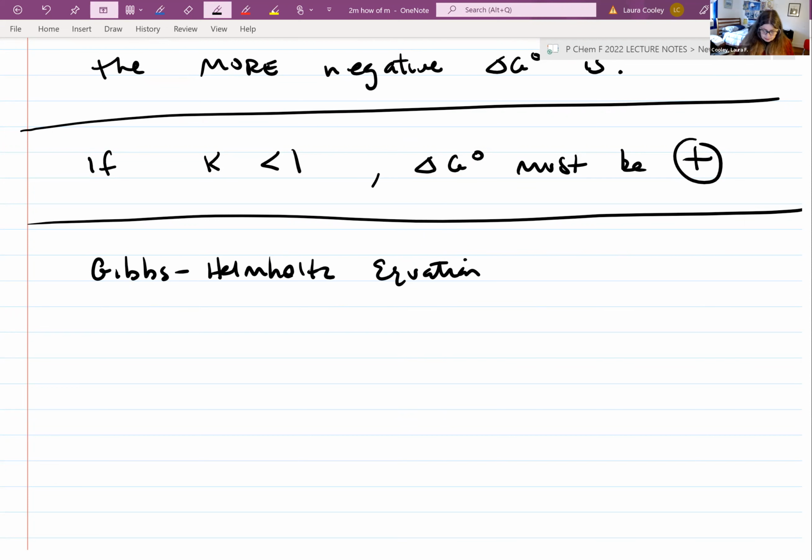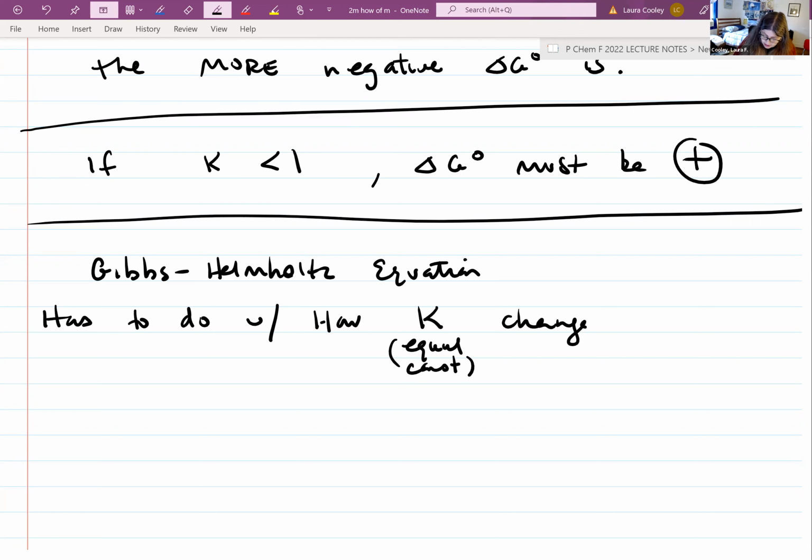So it has to do with how equilibrium constants, how K changes with temperature.